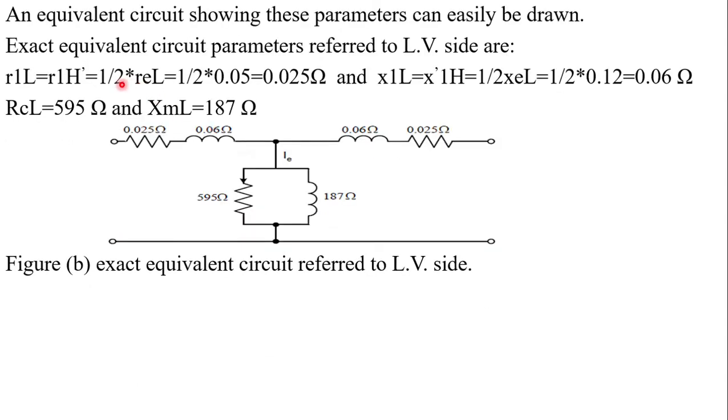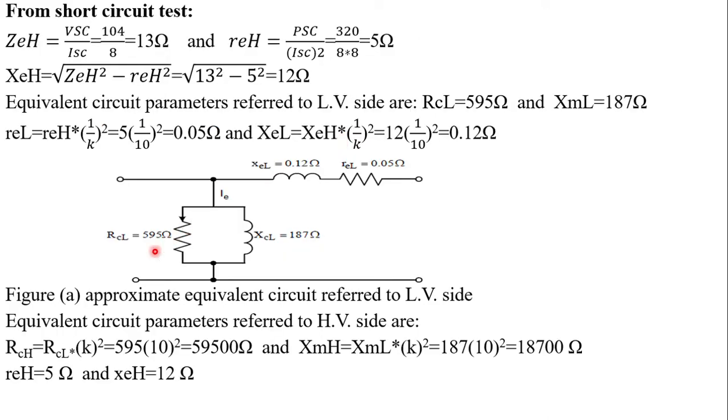the exact equivalent circuit parameters referred to the low voltage side, determined by dividing on both sides, as I have told you earlier. To draw the exact equivalent circuit, we can divide this value 0.12 into 2, which is 0.06 and 0.06 on both sides.